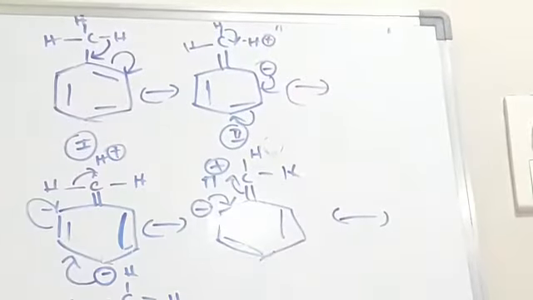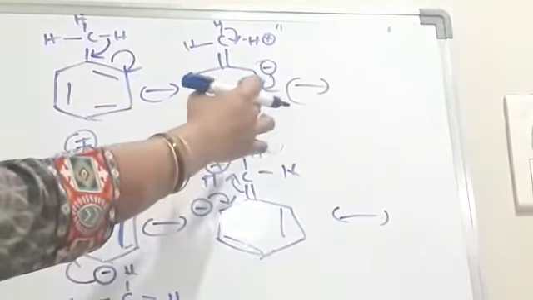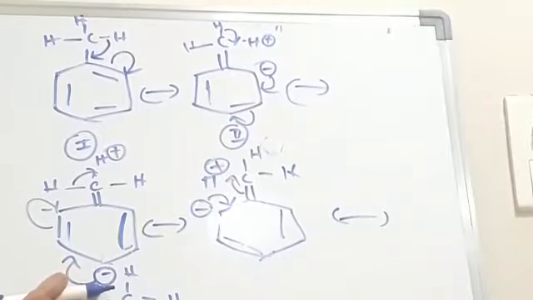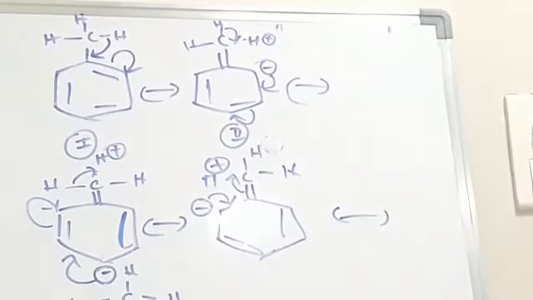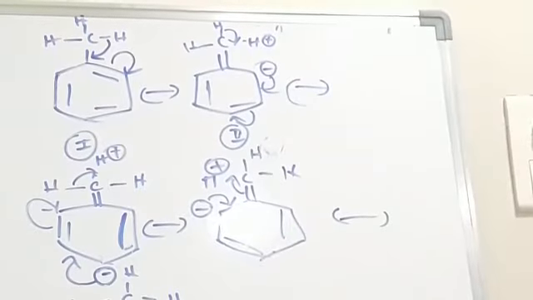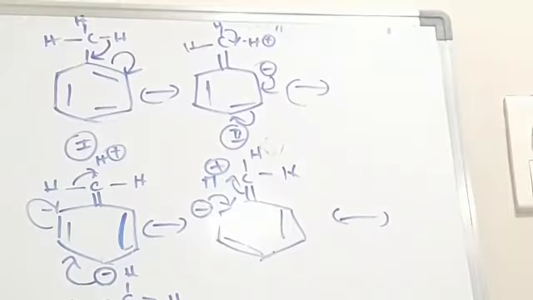Then it appears in different resonating structures. Next, due to the transfer of pi electrons here, electron density increases at the para position and ortho position. So more electron density is present at the ortho and para positions.